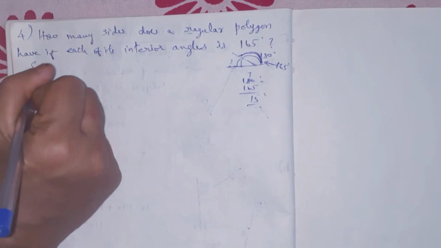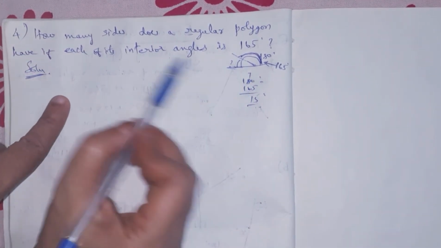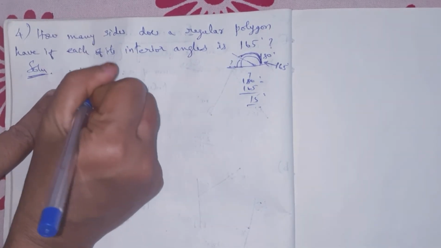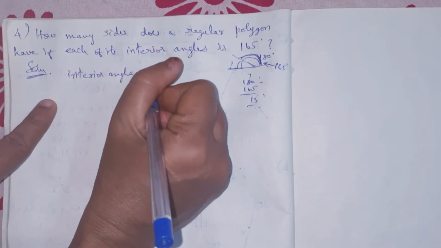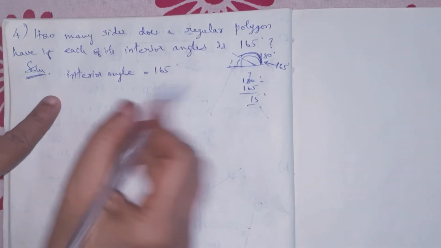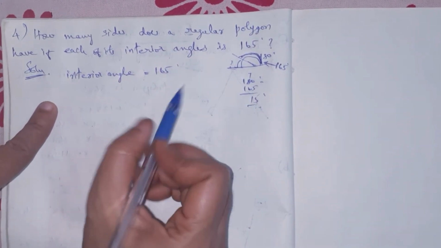Now the solution. The interior angle given is 165. We have to find the exterior angle; only then can we find the number of sides.